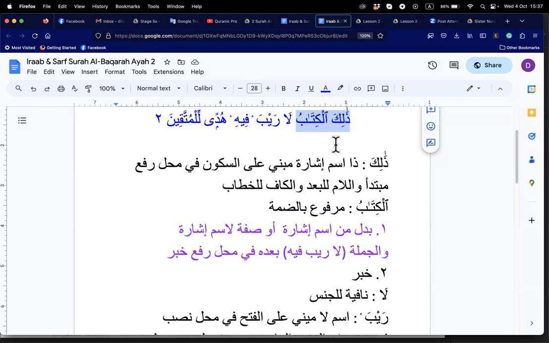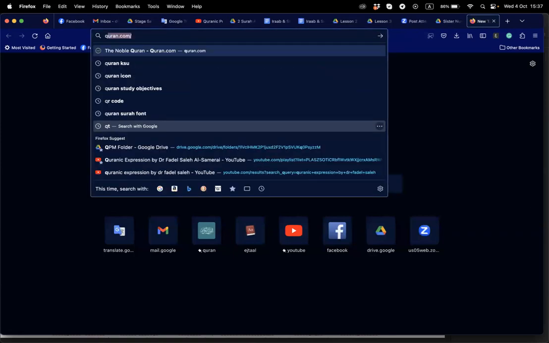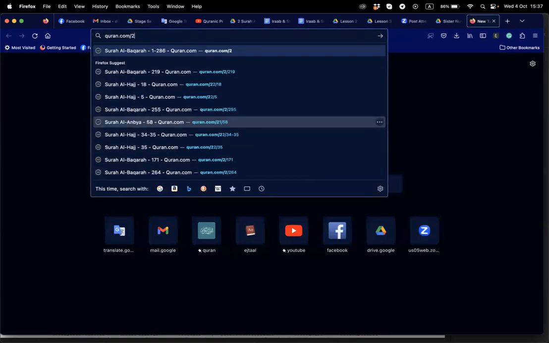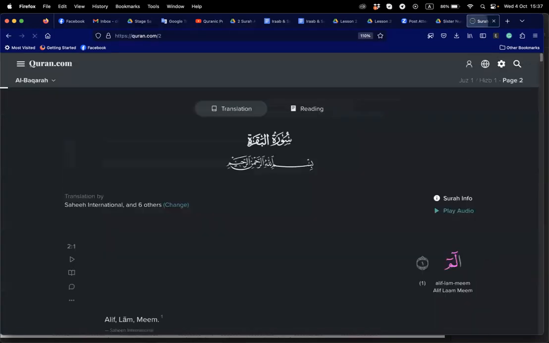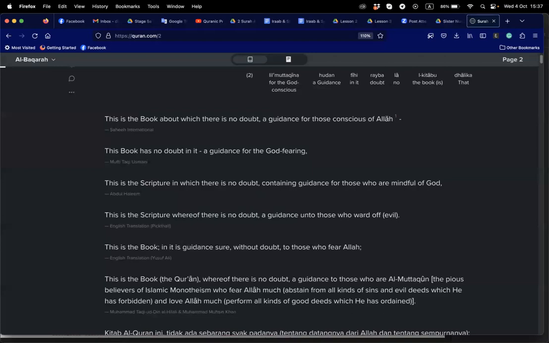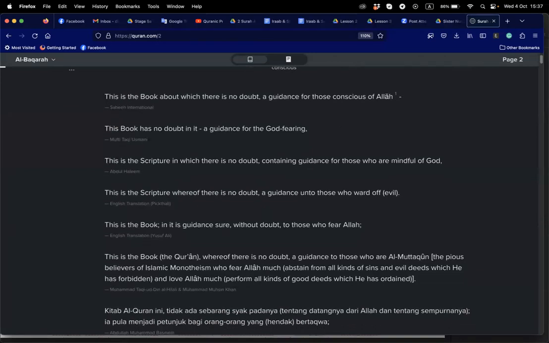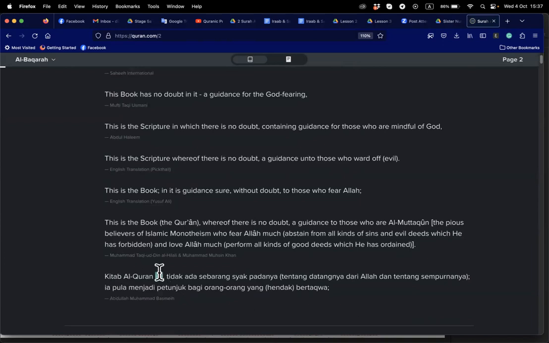If you see, let me go to Quran.com. You will see that all the translators translate as this. Even the Malay one, ini, not itu.